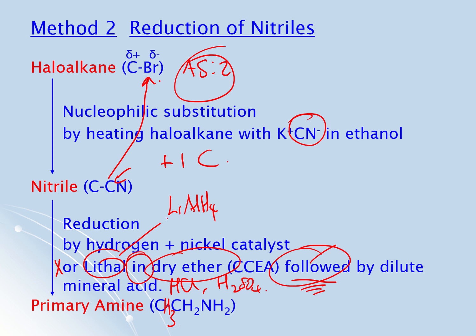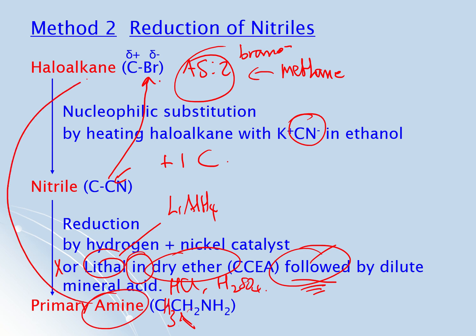If I was going right back to the start, you'd have to start here with a meth, so it'll be a bromo, simply bromomethane would be what you would start with here. So bear that in mind if the examiner gives you an amine to make via this route, and you've got to go back to the original haloalkane, remember to take a carbon off.